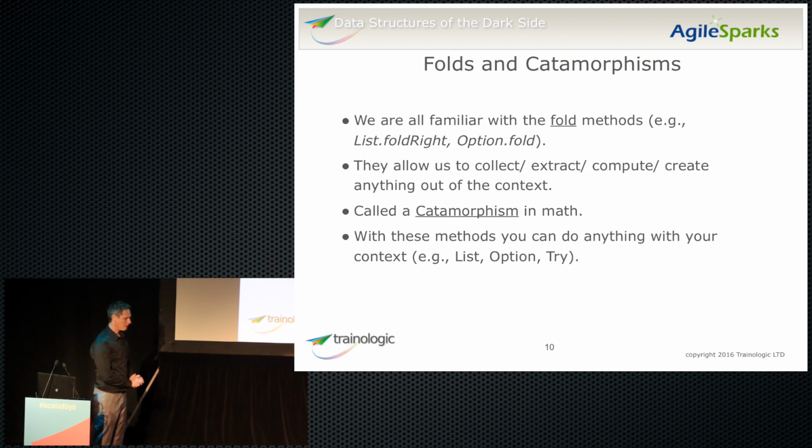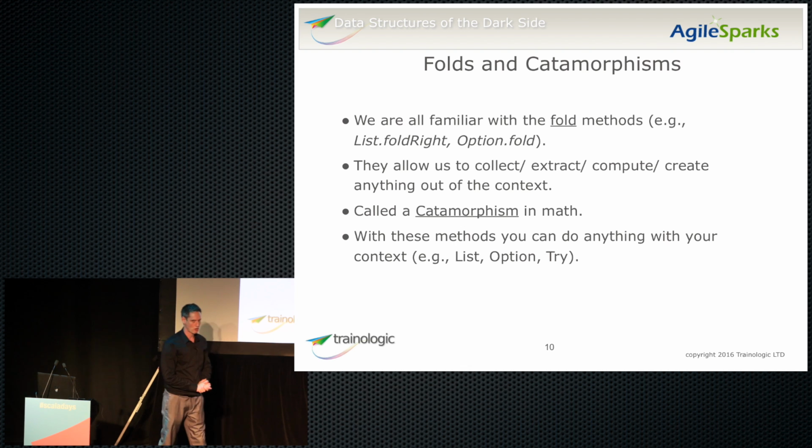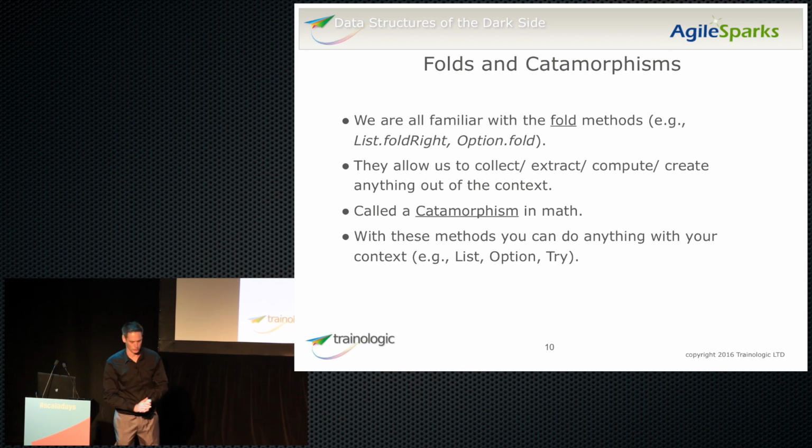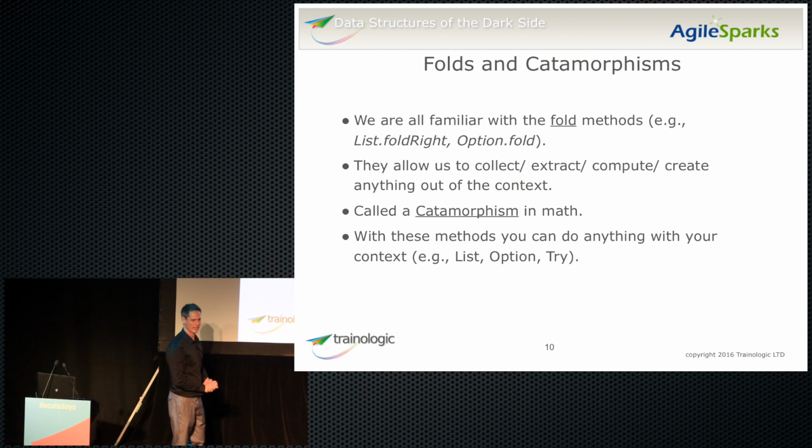No need. Okay, before we go to the co-flat map and start to talk about Comonads, let's talk about folds and unfolds. I hope you are all familiar with folds, either fold left or right on collections or fold on options. There will be fold on try, I think, in 2.12. Should be very good.